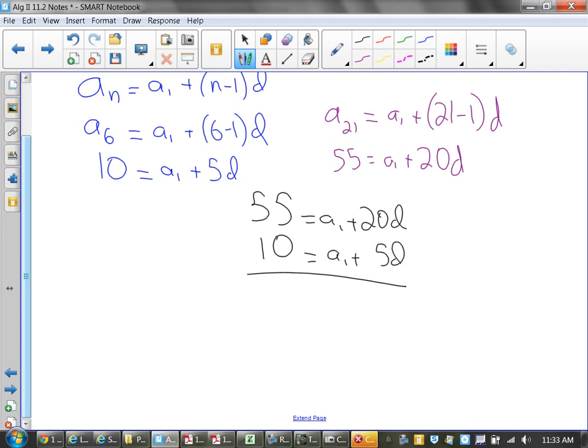I'm going to get rid of the variables. Subtract it. When I subtract it out, what's your difference? 3. So your difference here winds up being 3.